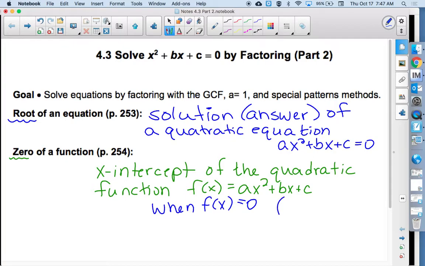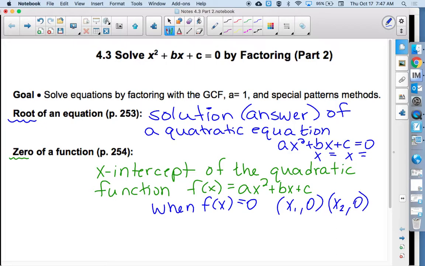However, x-intercepts are written as ordered pairs because the y is 0. So I'm going to have one x value, and a different x value. So the way you write your answer is different, but the way you find it is the same. So a solution is just x equals.